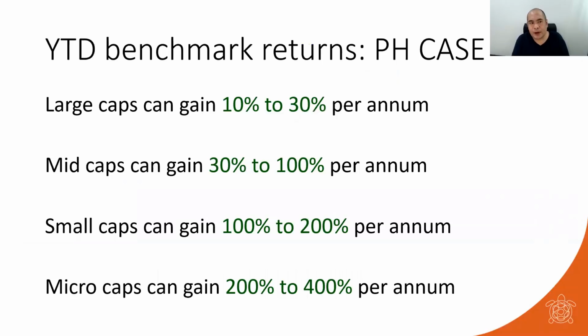Again, in our experience, when you speak of large caps in a bull market, on average, they can generate for you in a year anywhere between 10% to 30%. In the Philippines, we have 30 large cap index stocks. These are stocks included in the PSEI benchmark index.